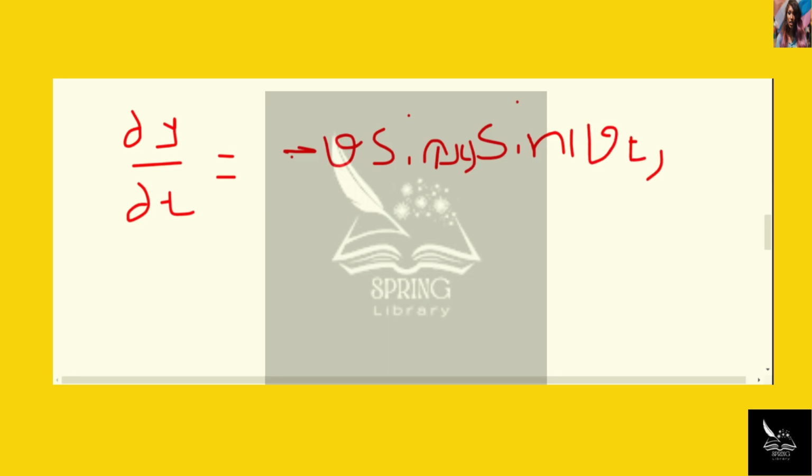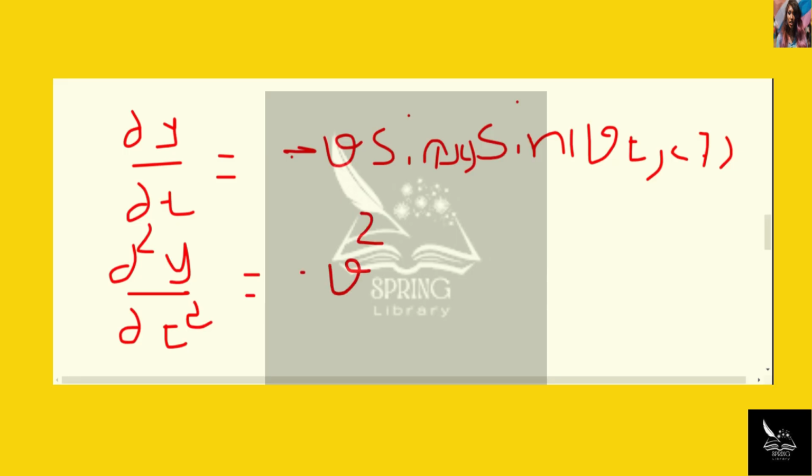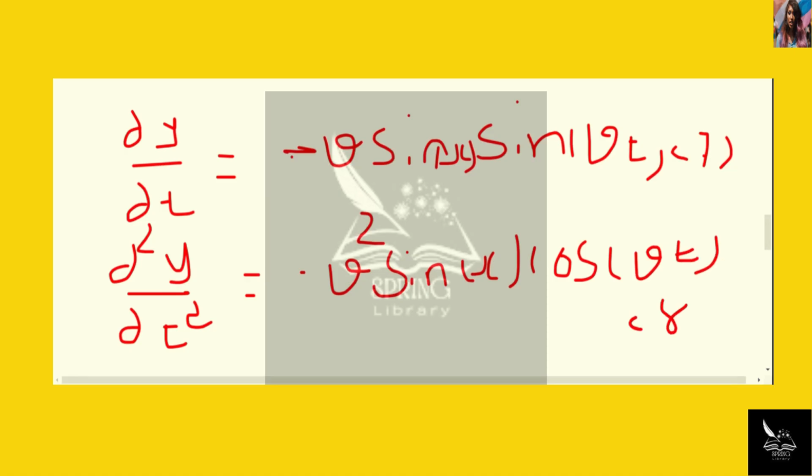Let's say equation 7. We are going to differentiate equation 7 again with respect to time. So that will give us del square y over del t square will be equivalent to minus v square sine of x and cos of vt. Let's say it equation 8.